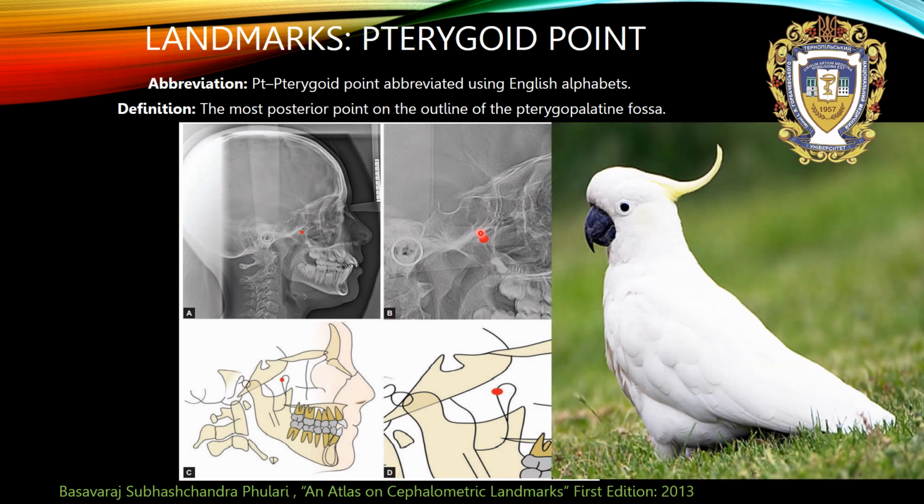Sometimes this point is called eye of cockatoo. Why? Because this profile looks like a cockatoo, and this point is localized like the eye of the cockatoo, so sometimes it is called eye of cockatoo.